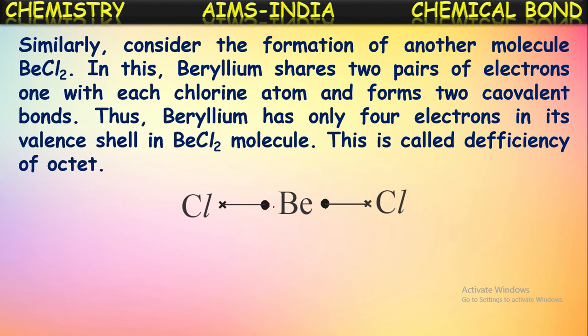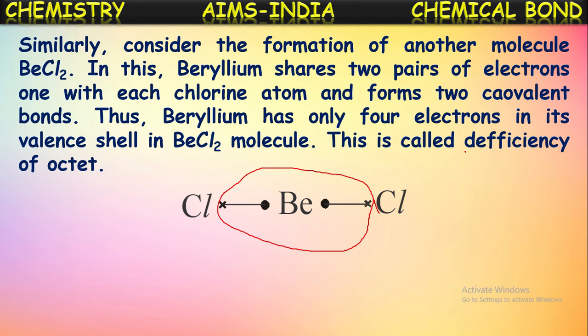Isn't it? See, observe here, beryllium initially has 2 electrons and it is sharing one pair of electrons with each chlorine atom. By that, beryllium is getting only 4 electrons even after the bond formation in the BeCl2 molecule. So it still has fewer electrons than an octet.